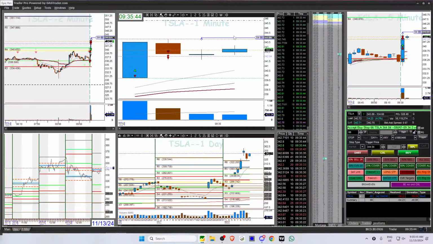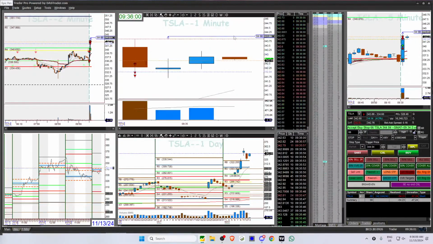Just got a nice R4 breakout on PLTR. Oh, nice. PLTR still at like $25. Seems like it's been around $25 for years.